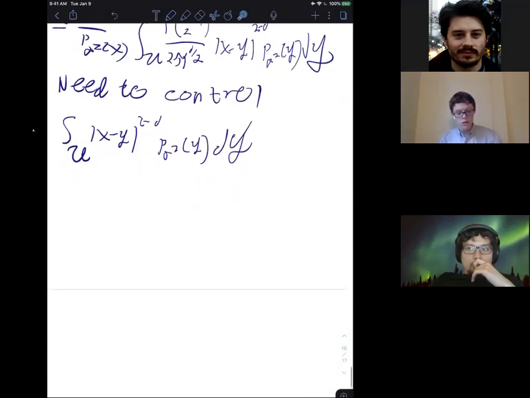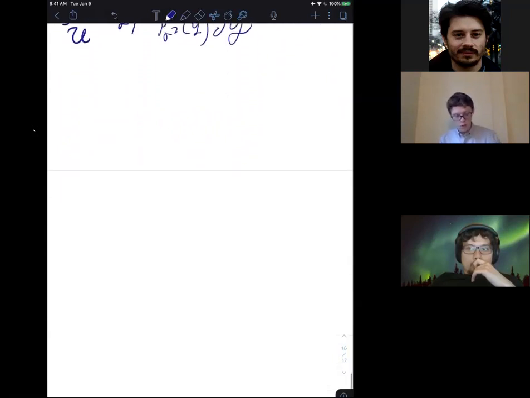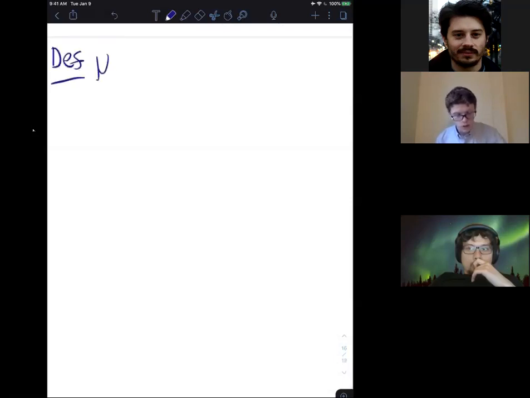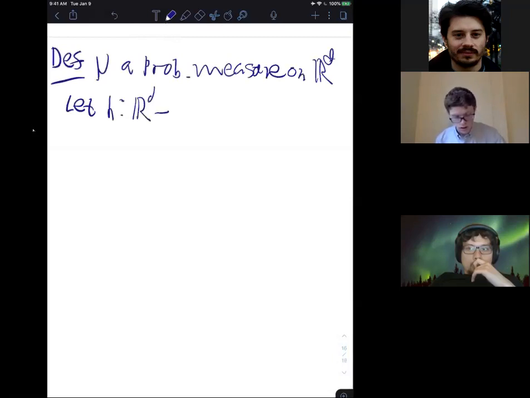And in order to prove that this is in fact the worst case, we're going to use some geometry. I don't know if people know about symmetric decreasing rearrangements, but we're going to use a slight generalization of this, which is related to isoperimetry. So let's define: let mu be a probability measure on R^d, and let h take R^d to the non-negatives.